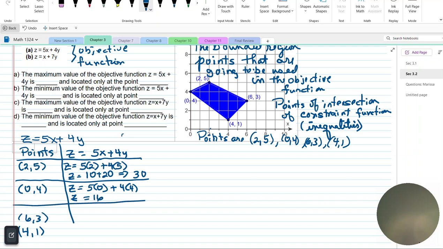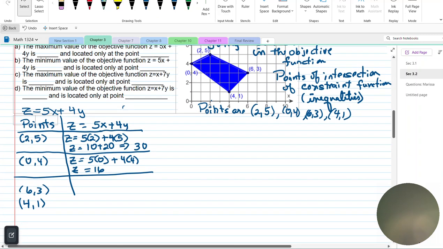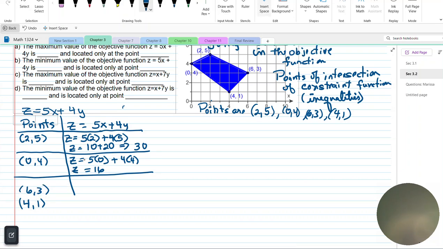Next: z equals 5 times 6 plus 4 times 3, which is 30 plus 12, so z is 42.